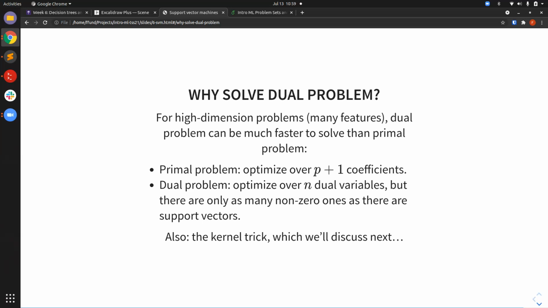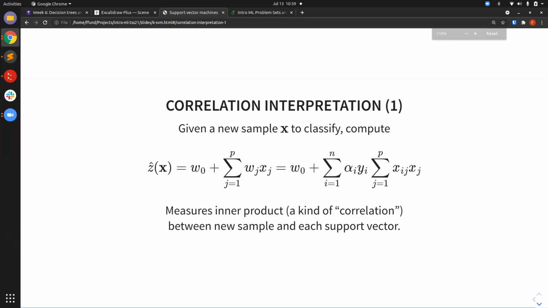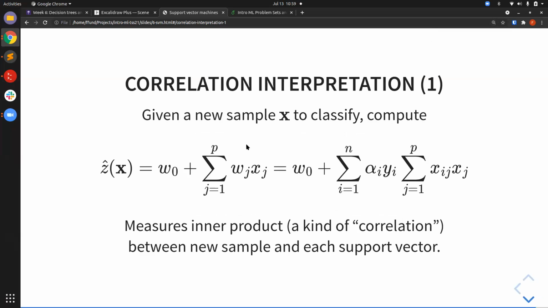I just want to leave you with one thought about how to interpret this. There's a kind of correlation interpretation of the support vector machine, which is as follows. Suppose you have some new sample to classify. You compute W0 plus this expression, where this comes from those weights we discussed. You can see that this measures a weighted inner product of the support vectors and the test point.